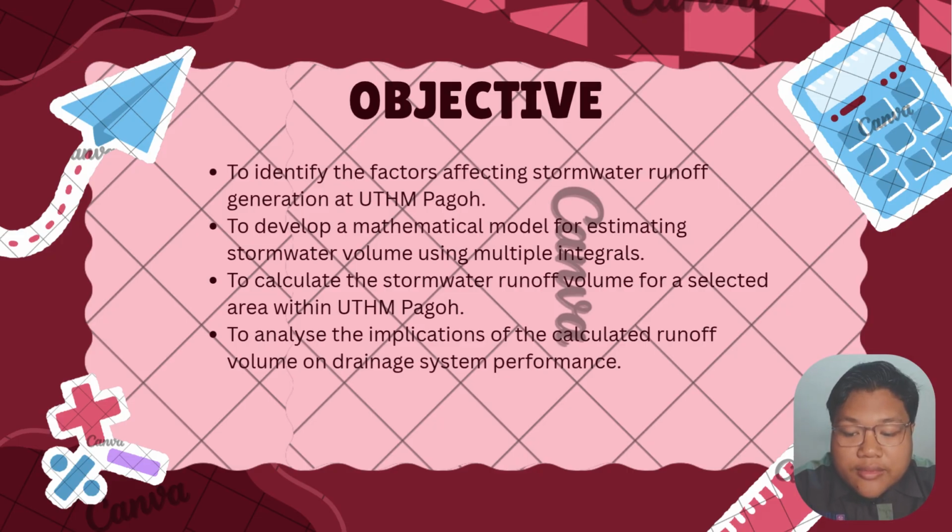Next, to develop a mathematical model for estimating stormwater volume using multiple integrals. For the third, to calculate the stormwater runoff volume for a selected area within UTHM Pagoh. And lastly, to analyze the implication of the calculated runoff volume on drainage system performance.